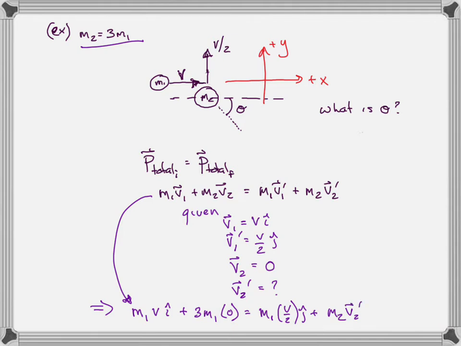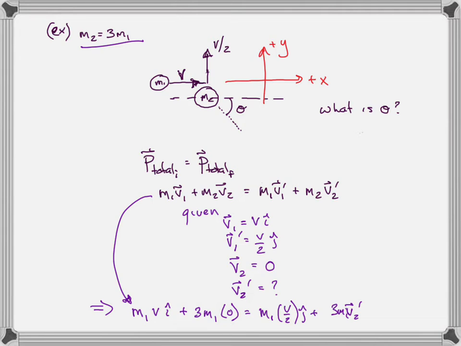So we're solving for v2 prime. And m2 was 3m1, so we make that substitution to reduce our number of variables. I'm making all the substitutions.